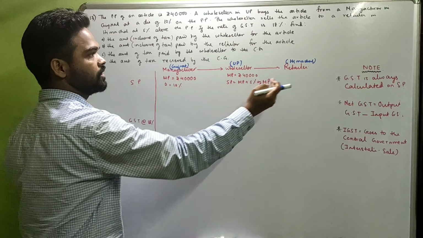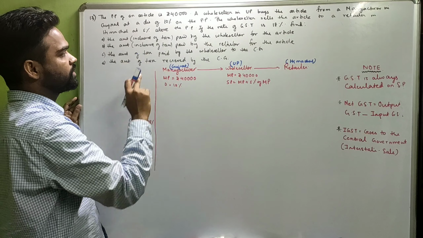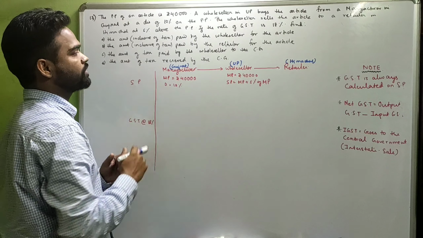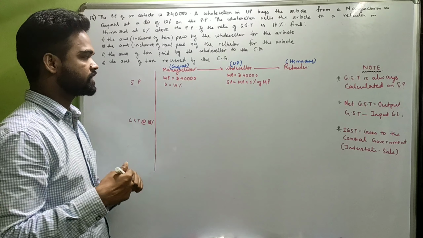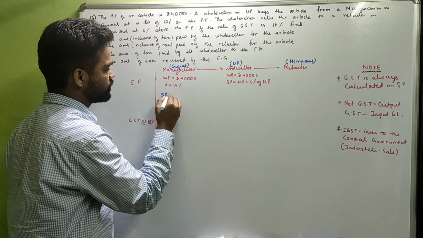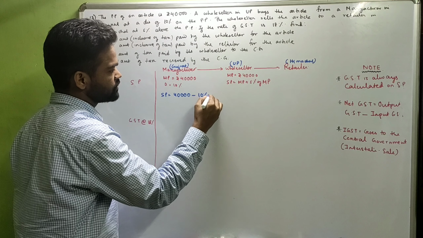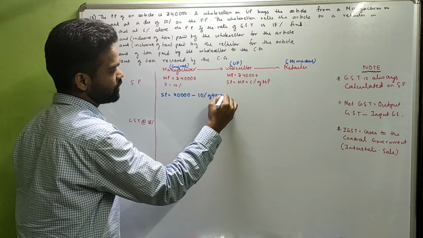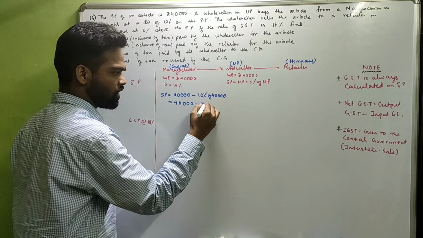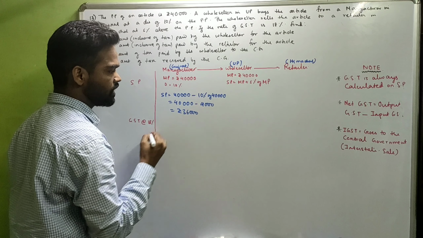Find the amount paid by the retailer for the article inclusive of tax. The amount of tax paid by the wholesaler to the central government, and the amount of tax received by the central government. Step by step. Look over here. Selling price will be mark price minus discount, that is 10% of 40,000. So that's 40,000 minus 4,000, isn't it? That's rupees 36,000.